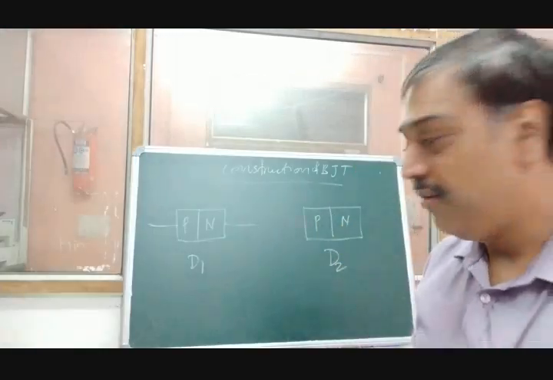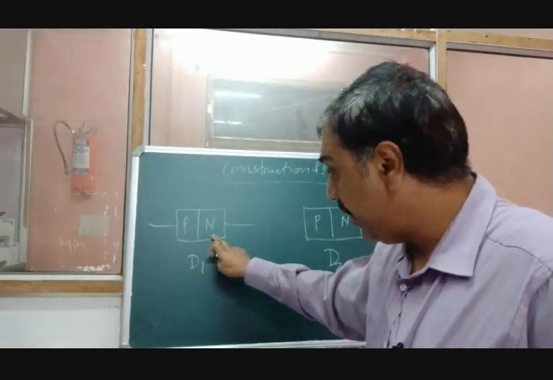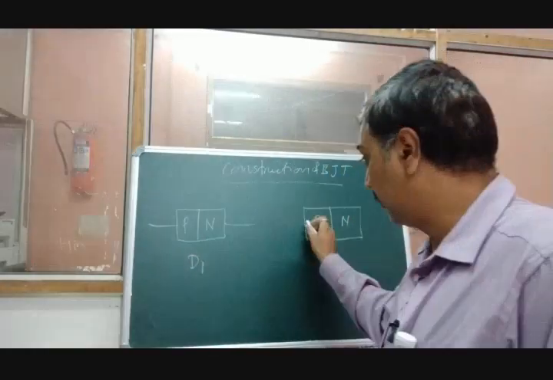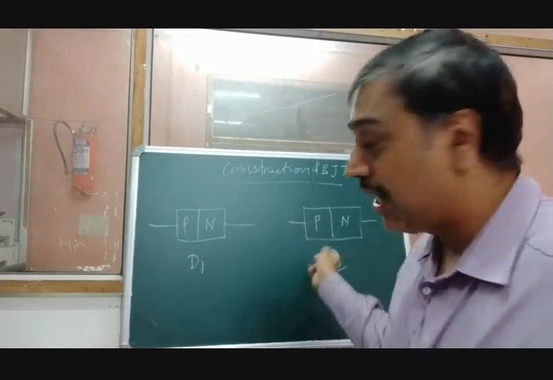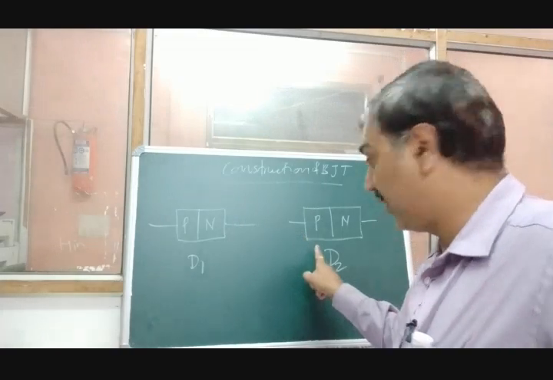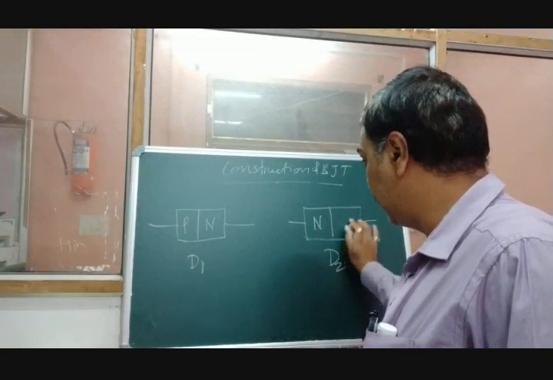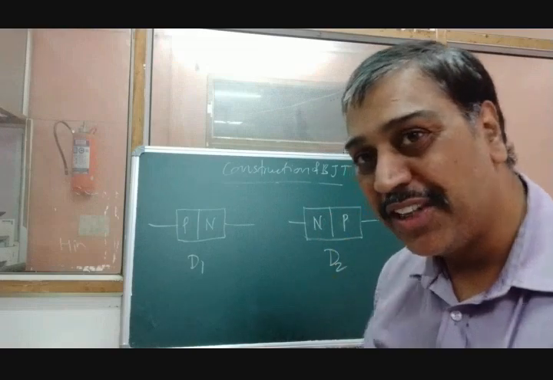Now what will occur when we connect these back to back? Here it is PN and here it is PN. Just do one thing: keep this as PN and reverse the other. Reverse means erase this P and make it N, erase this N and make it P. PN junctions back to back.